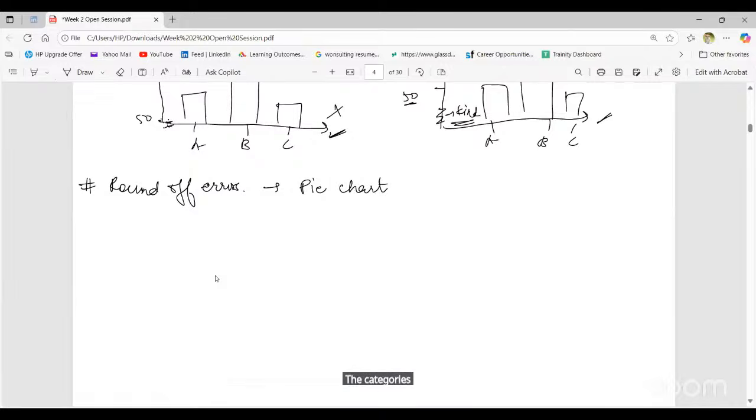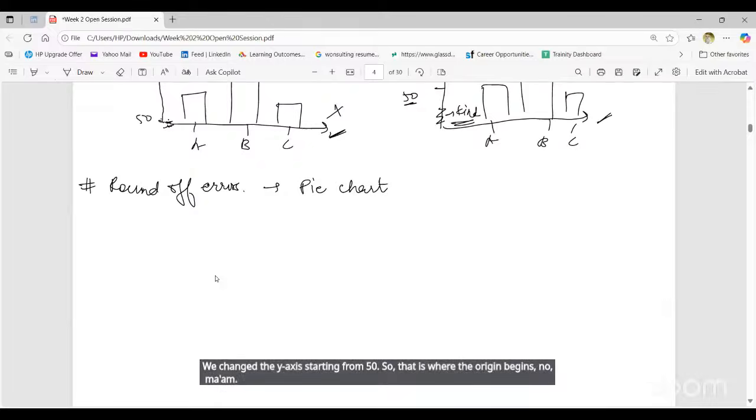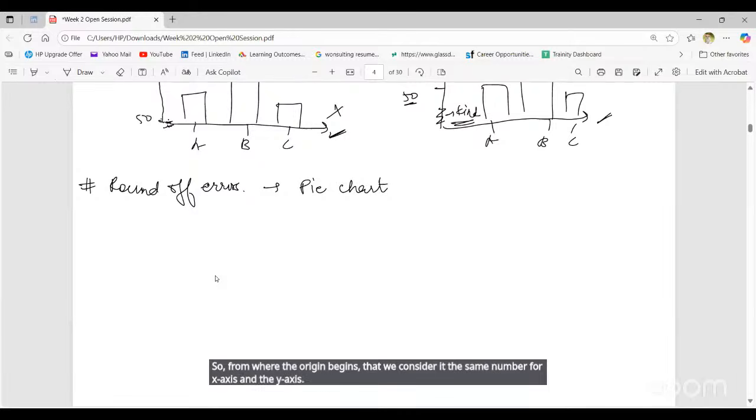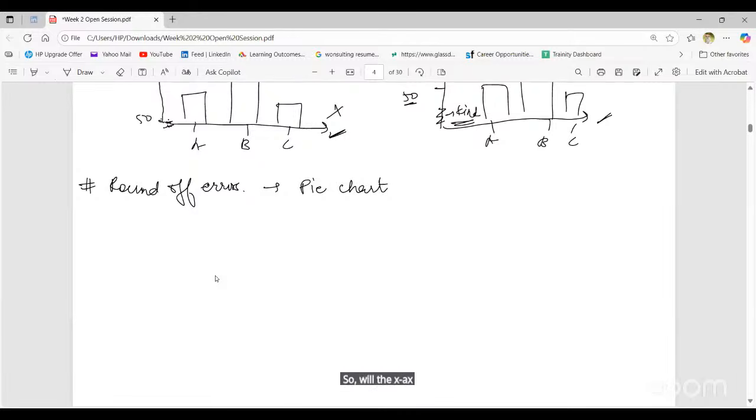For this particular graph, we changed the y-axis starting from 50. So that is where the origin begins, no ma'am? Yes, correct. So will the x-axis also begin from 50 or from 0?